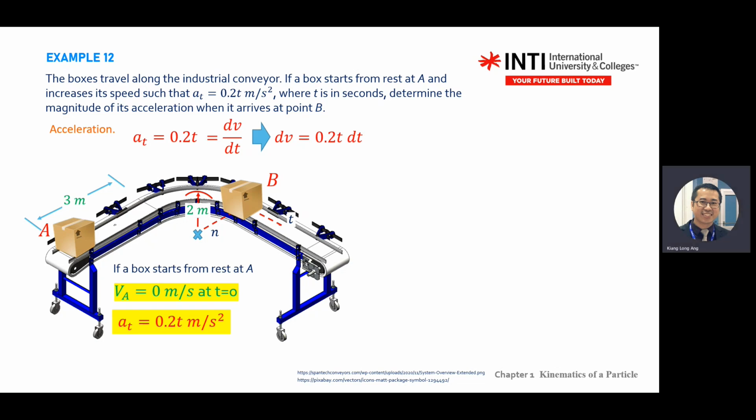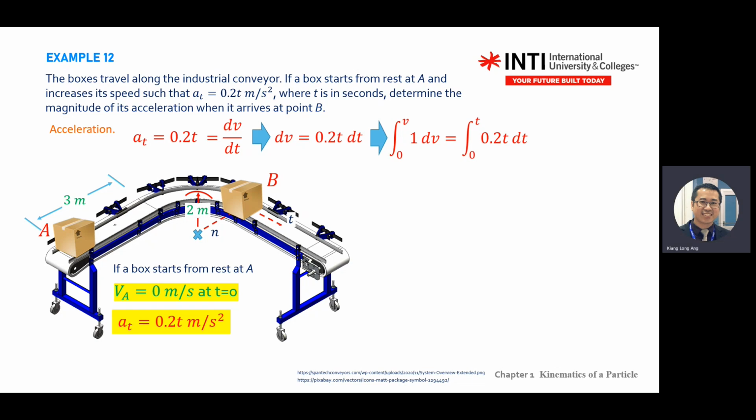This is the equation given. So dv equals 0.2 t dt, you got d something on the left, d something on the right, you do integration. Okay, so I'll go very fast here. What needs to be highlighted is the limit that you use. You start from 0 to v for v on the left hand side, and for t you start from 0 to t.